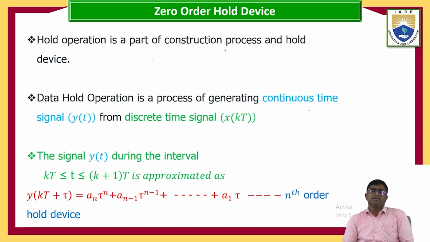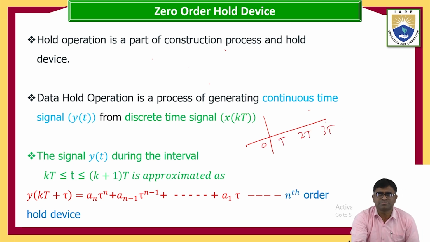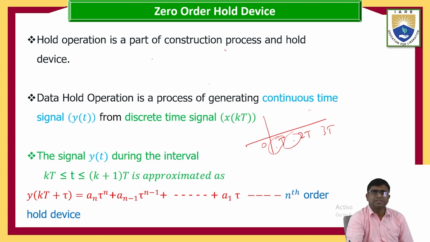If you take time periods 0, T, 2T, 3T on this axis, the sinusoidal waveform is there for period T, and after that k plus 1, k plus 2, k plus 3. The hold operation takes place in this process.